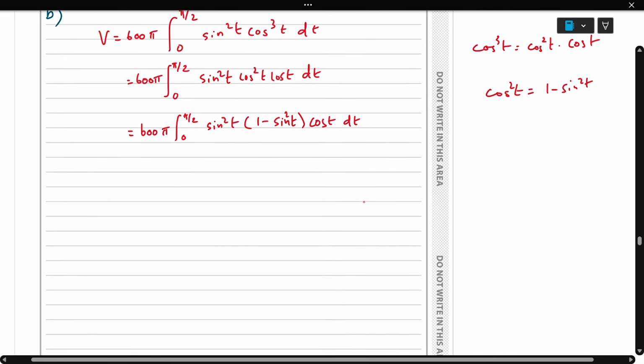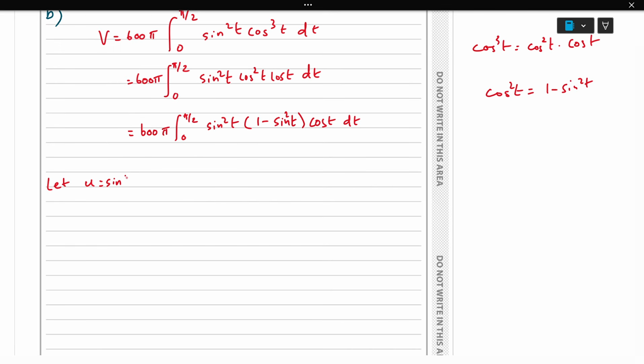So we go for the substitution method here. Let u be sin t. So du by dt equals cos t, so we can write du equals cos t dt. Next we'll apply the limits.